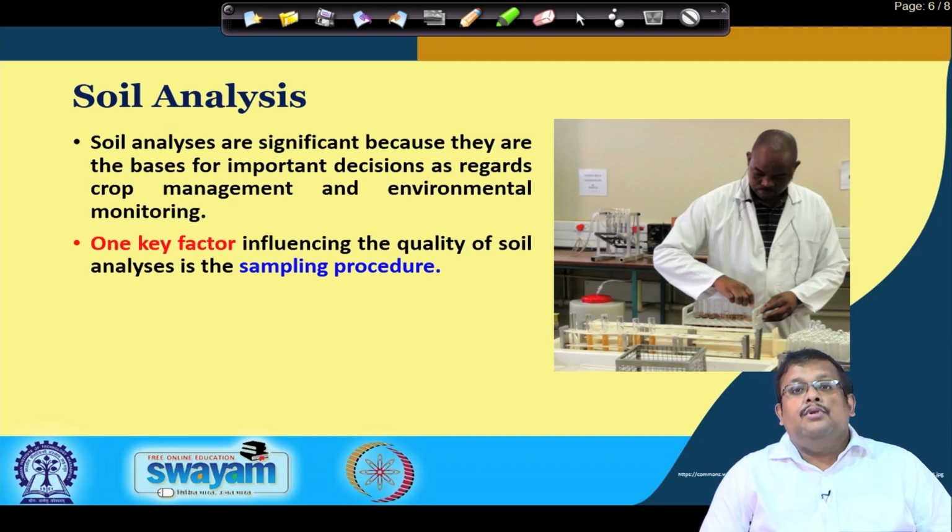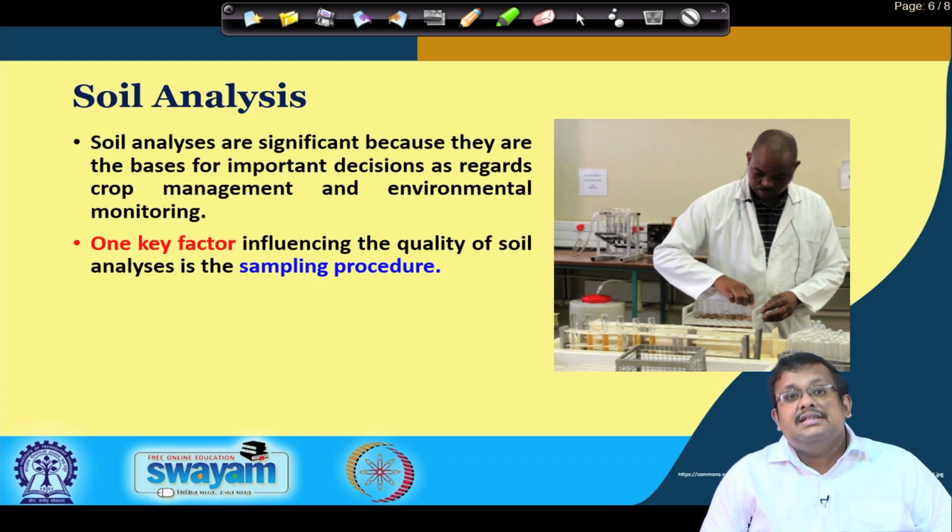So, to serve both these purposes, you have to do soil analysis with sophisticated technologies. Remember, one key factor which influences the quality of the soil analysis is the sampling procedure and subsequent soil preparation. We are going to discuss them in detail in the next couple of slides.